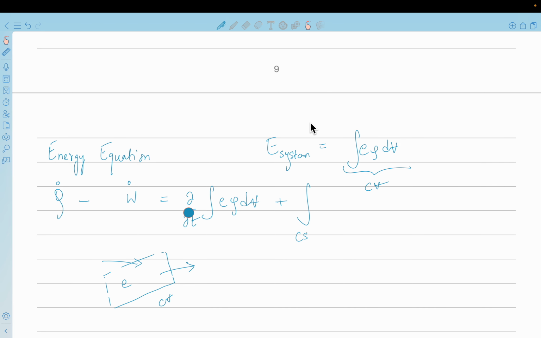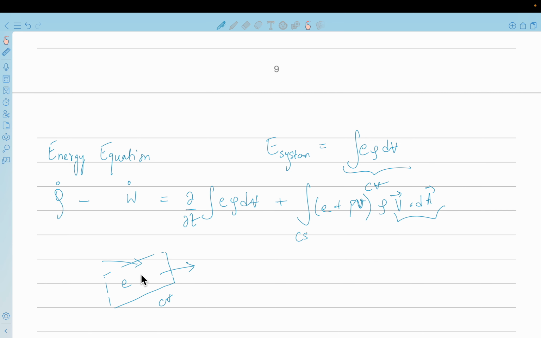We have the flux, which will come in the rate of change of energy. So this is (E plus PV) times rho V dot dA. So what is V dot dA? It is the velocity moving across a certain surface, right?